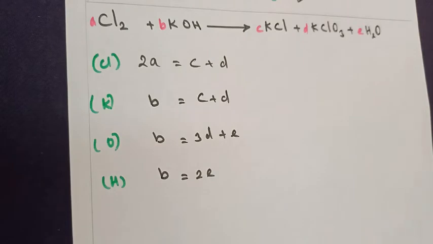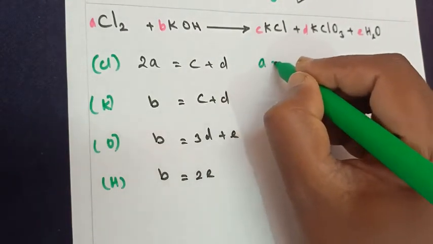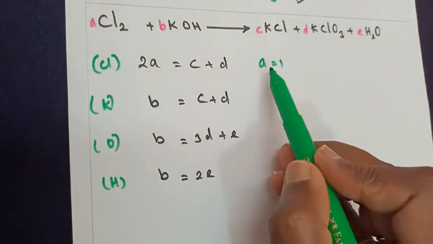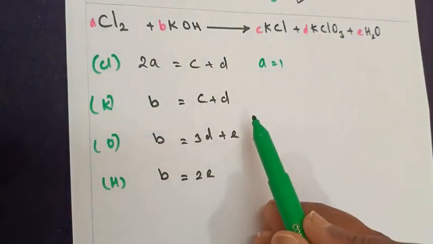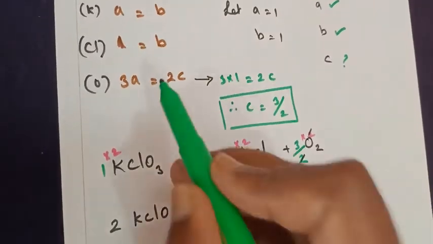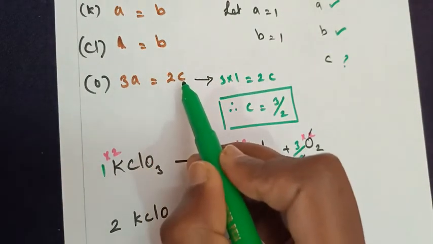Now, a slightly different concept you have to remember. Consider let A is equal to 1 as usual. Now substituting this value, can you find out the value of any other variable? If you have just one substitution, substituting the A value, you get the B and C value.